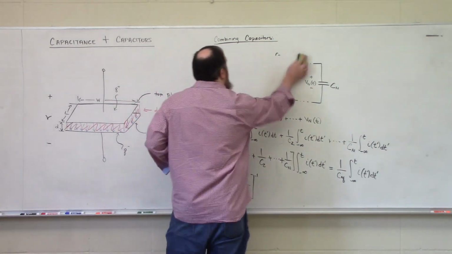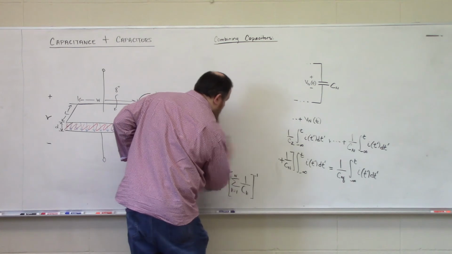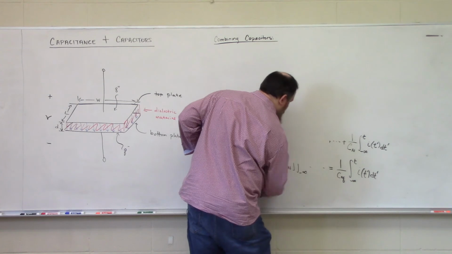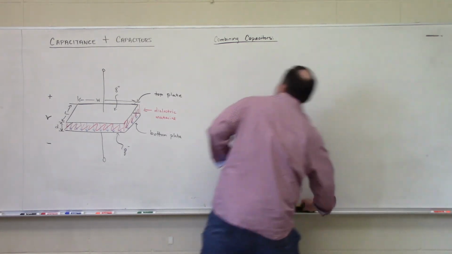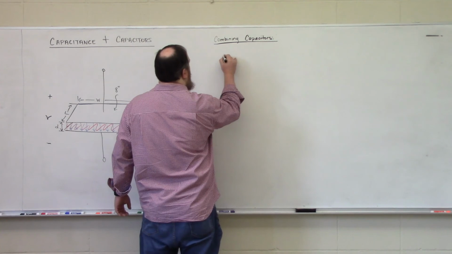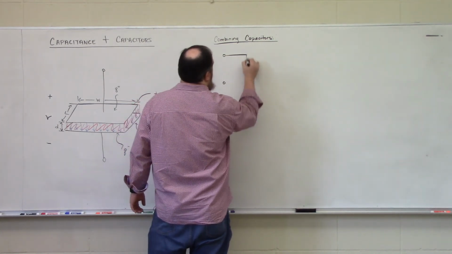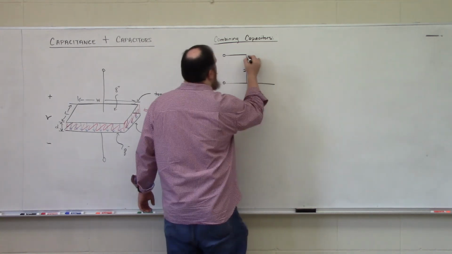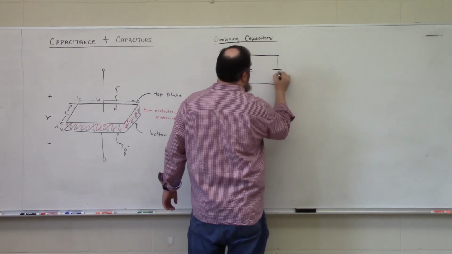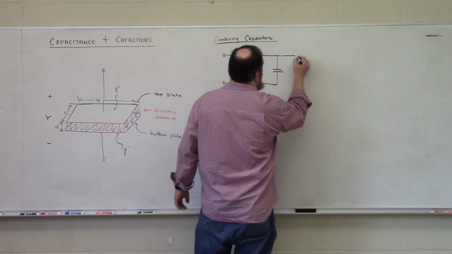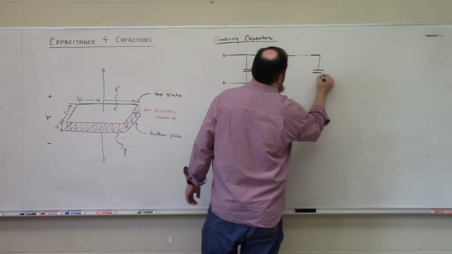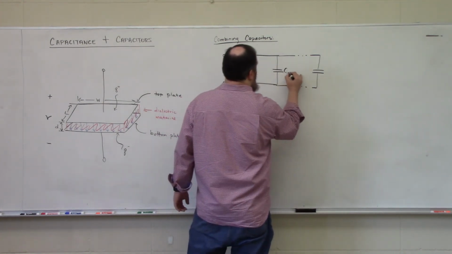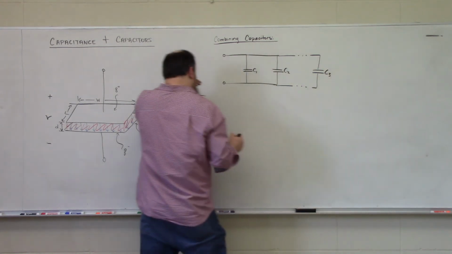If we instead have a lot of capacitors in parallel, call this C1, C2, C3.